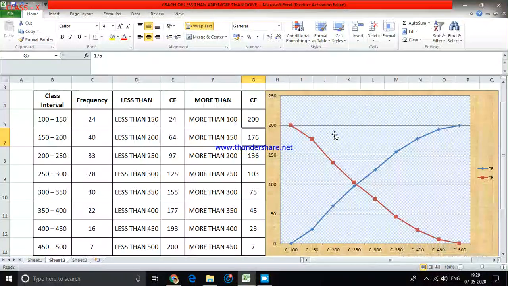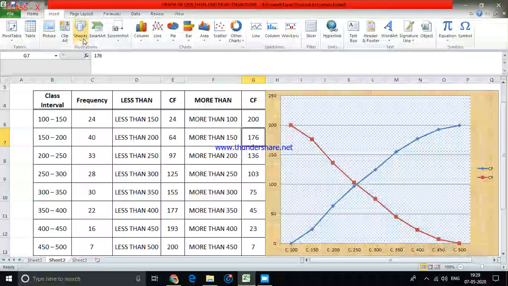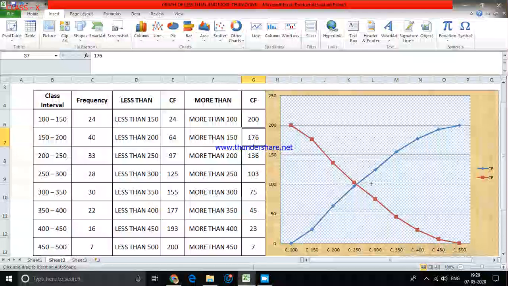Now after representing the less than and more than type on the same graph, how do you find the median? Here I don't require the n value or n by 2 value. What you have to do is simply draw a straight line where both the graphs are intersecting. Can you see the intersection of both the graphs?